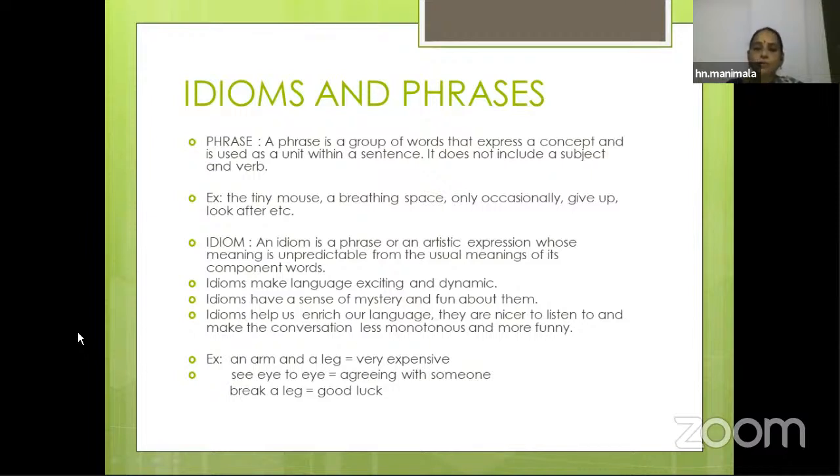We have so many kinds: noun phrase, verb phrase, gerund phrase, infinitive phrase, appositive phrase, participle phrase, prepositional phrase, absolute phrase. So we have 8 types of phrases. We are not going deep into each one, because you just have to know what a phrase is. That is enough for you.